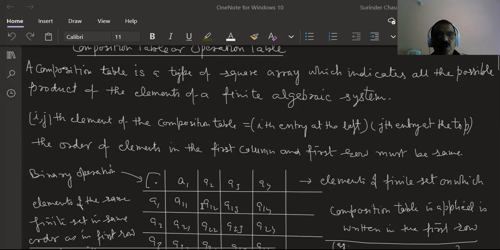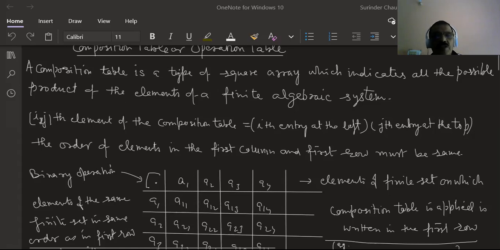We get it from the first entry from the left multiplied by the second entry from the top.